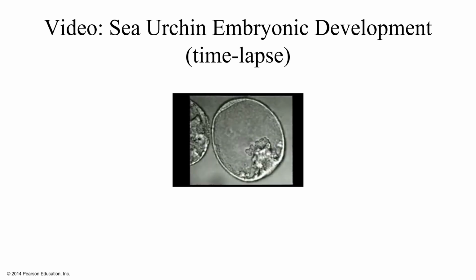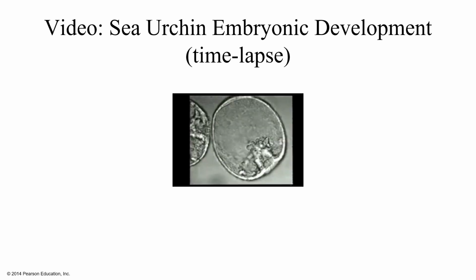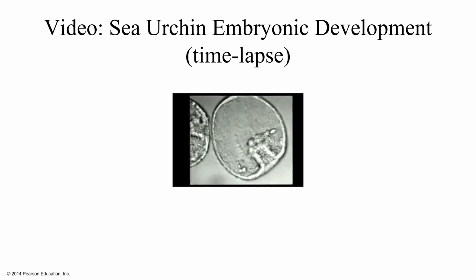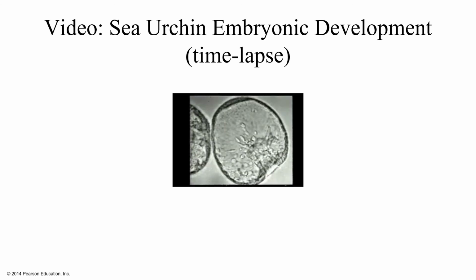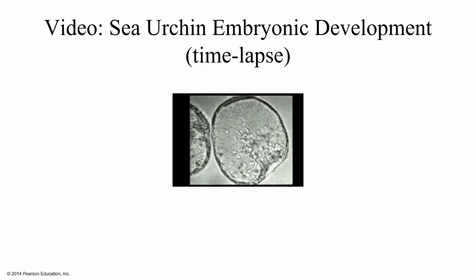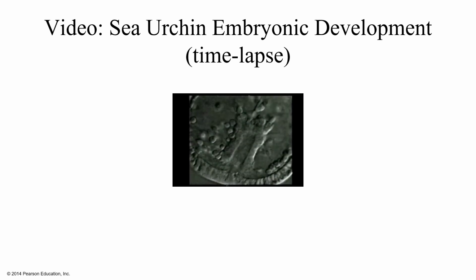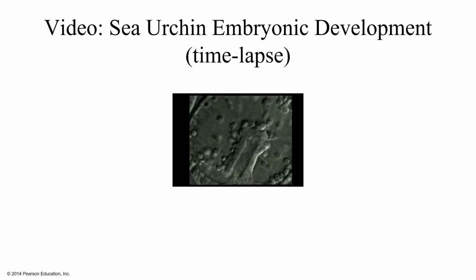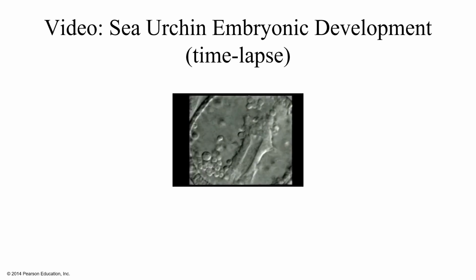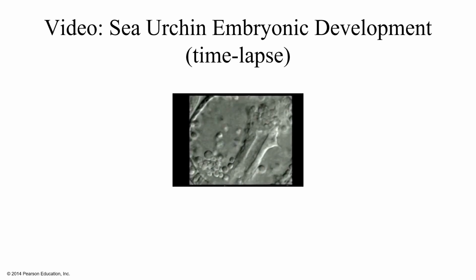So you'll notice the tube begins, and as the tube begins, you'll begin to see the beginning of the digestive tube. In this case, the mouth is forming first, and the cells are growing towards the anus. Once that tube is complete, the cells would then become active and make the neural plate, which will become the nervous system.